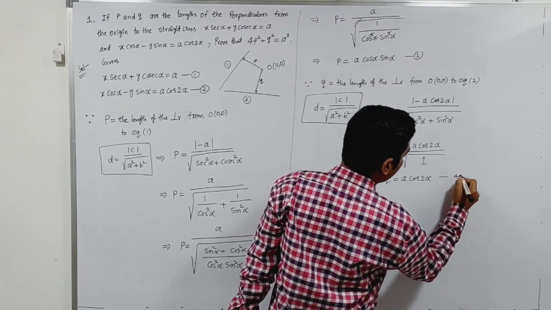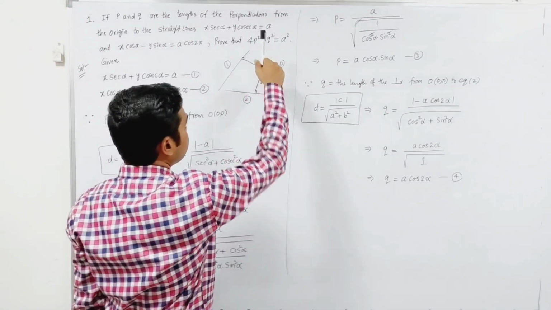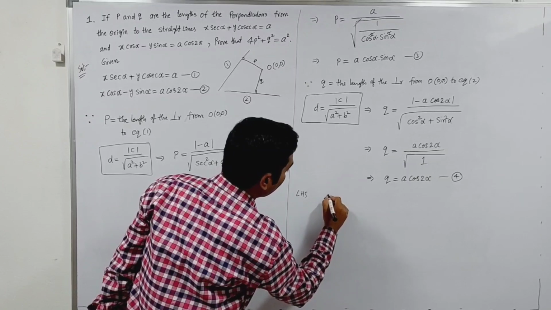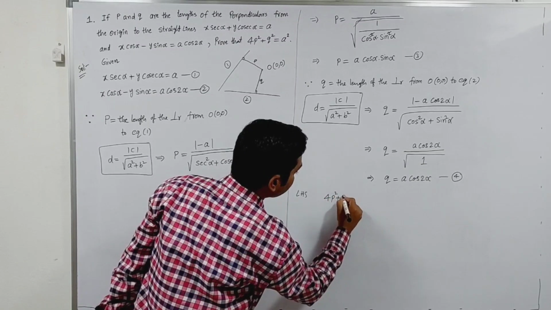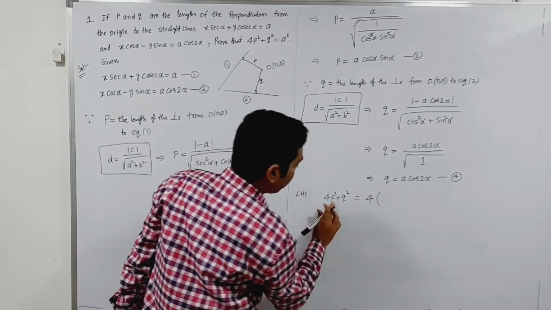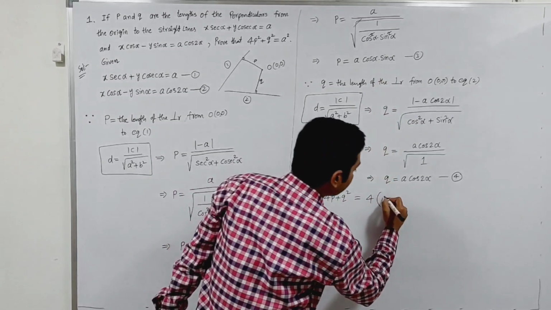This is equation 4. Now take the LHS. What is the LHS in the given equation? LHS equals 4p square plus q square. In the place of p, replace the p value. What is the p value here?